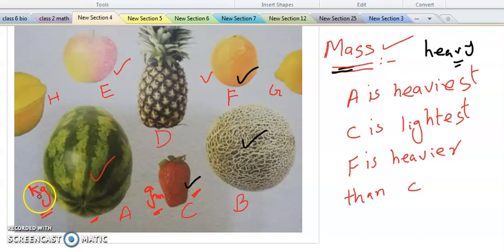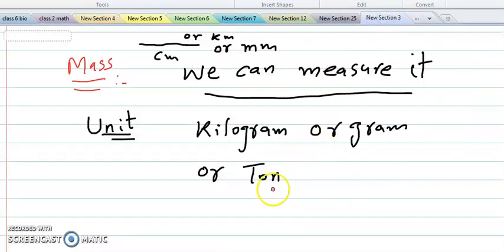For kilogram, shortly we write kg, and for gram we write gm or sometimes only g. But if we have very heavy objects like a car or a truck, we will measure the mass in ton because it is very heavy. So for very heavy objects, we use the unit ton.